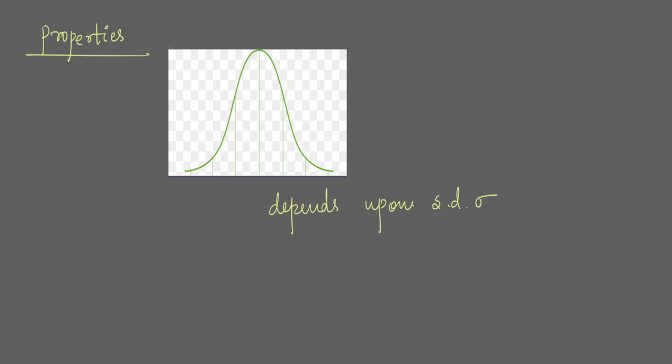If we observe, this curve is symmetric about the mean. This line, if we consider, is a central line, or we call it the line of symmetry, and this central line represents the mean, and in this case mean is equal to median and equal to mode.